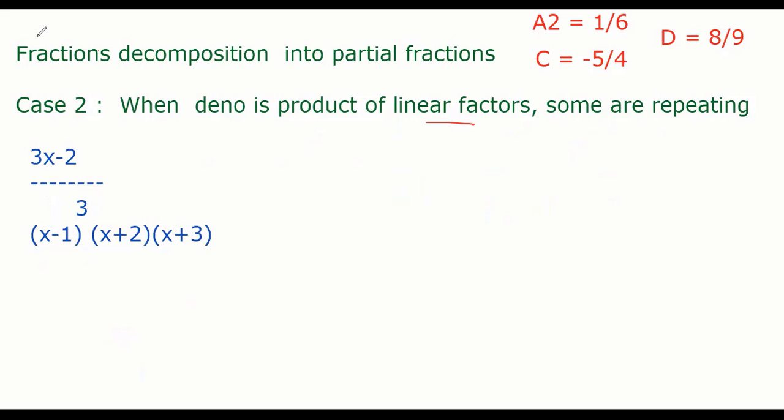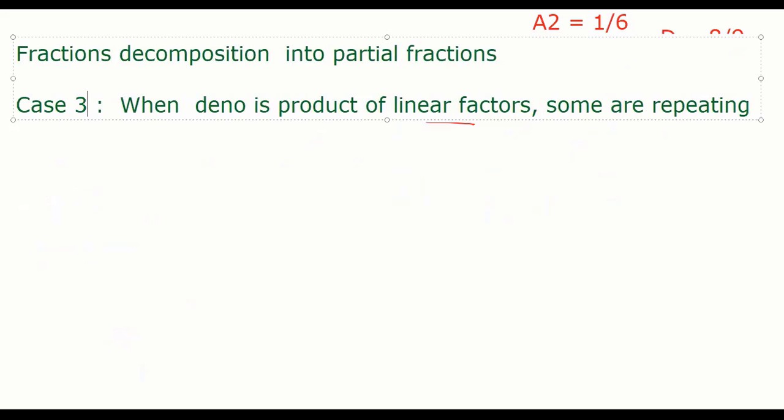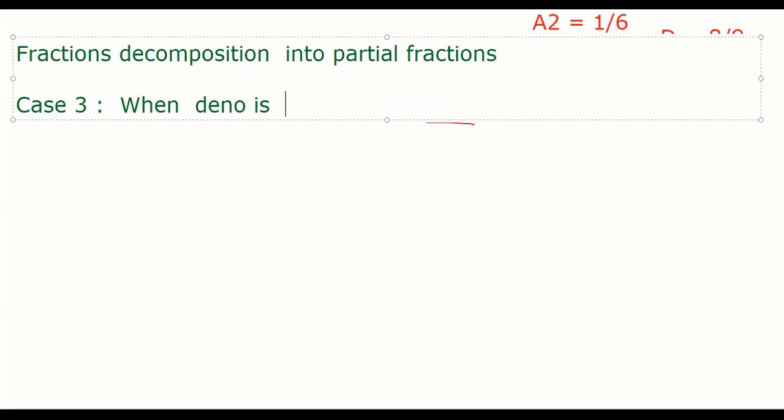Case 3 is where the denominator is quadratic but non-repeating. That means we don't get linear factors, we get quadratic ones. When you factor the denominator, you get a quadratic but not repeating.